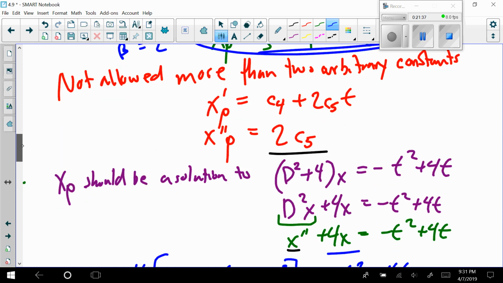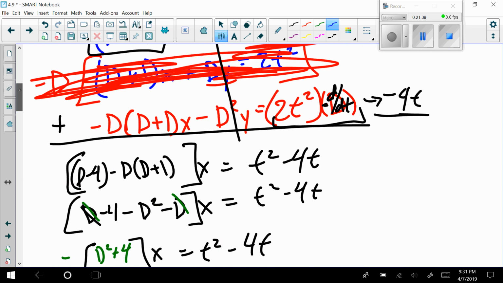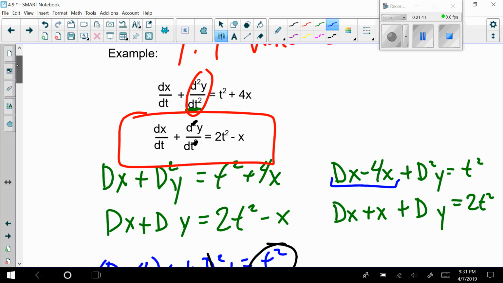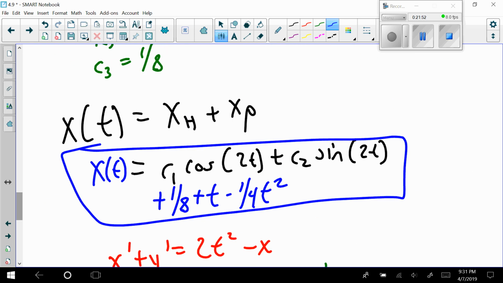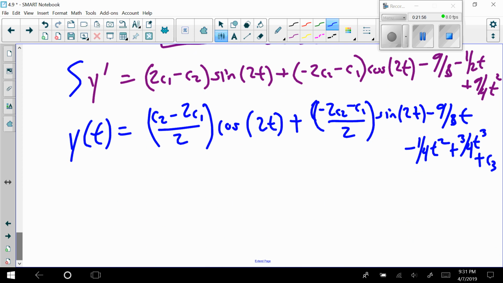In this case, I'm not going to go through and I'm not going to find it, okay? I'll leave that up to you, but you definitely could do it. You could plug it into here too and double check it and see what the c sub 3 comes out to be. If I ask on a test to find or only allow or follow constant rules, then you'll have to get rid of that one there. Okay, but I think I'll leave that as kind of a challenge piece for you.